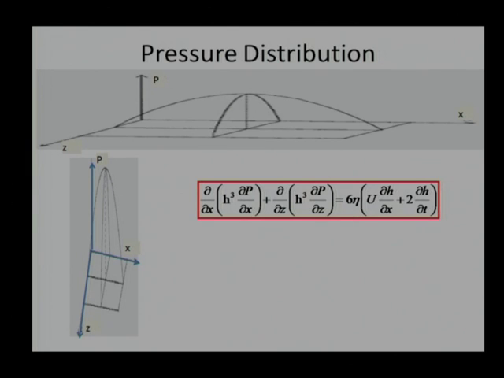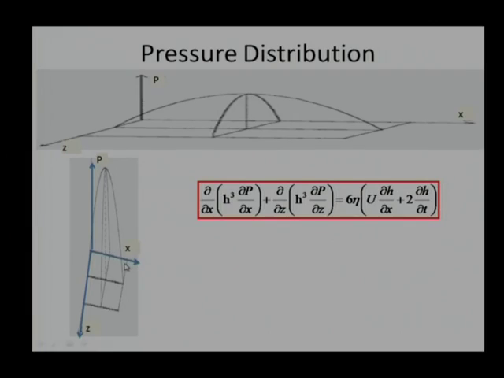Let us take two assumptions. In one case, dimensions in x direction are much larger compared to the z direction. While in the second case, the dimension in x direction is much smaller than in z direction. There are two extreme cases.